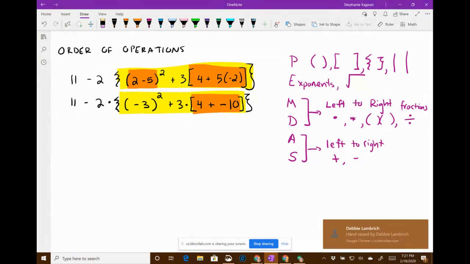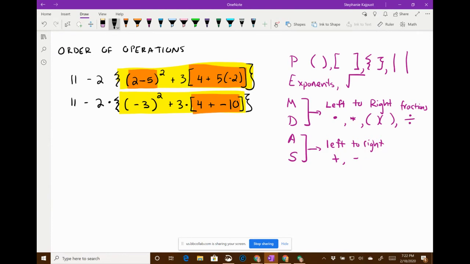Yes, Debbie. Okay, back up there on where you say you're supposed to assume that it would be a multiplication. The very first one you did, you added. You added 2 plus negative 5. Yes, that's because it's a subtraction symbol there. We assume multiplication if there is no symbol in between.